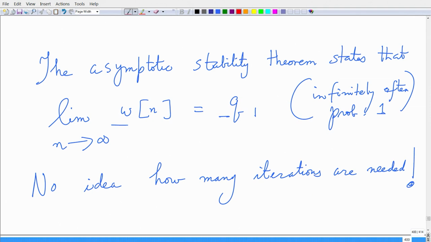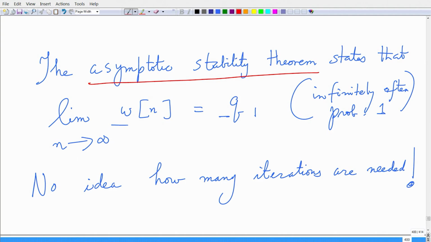The asymptotic stability theorem states that the limit of this vector W n as n goes to infinity is q1, and this happens infinitely often with probability 1.